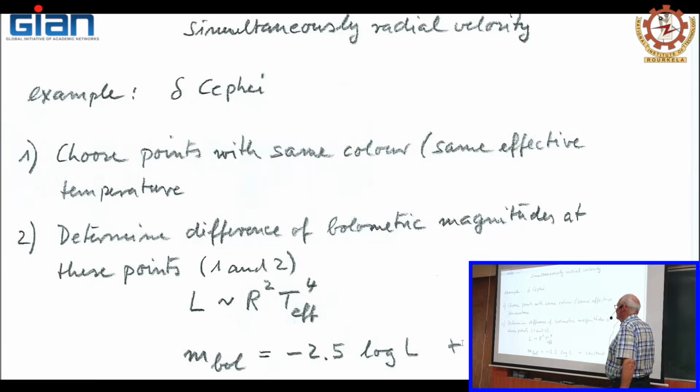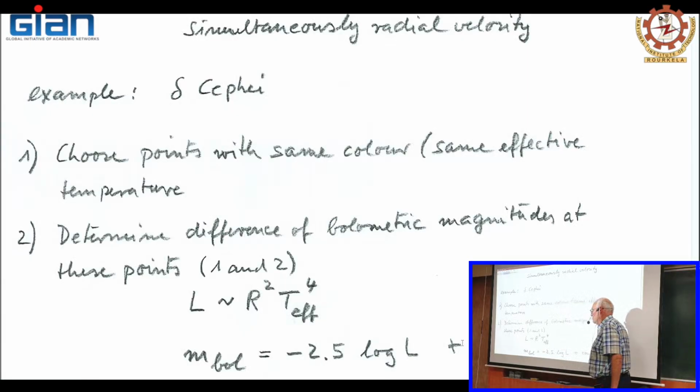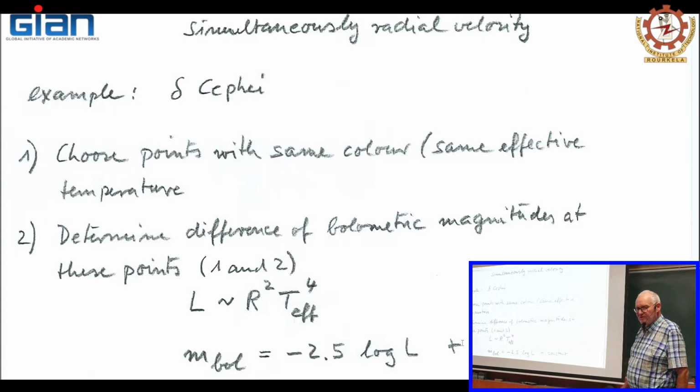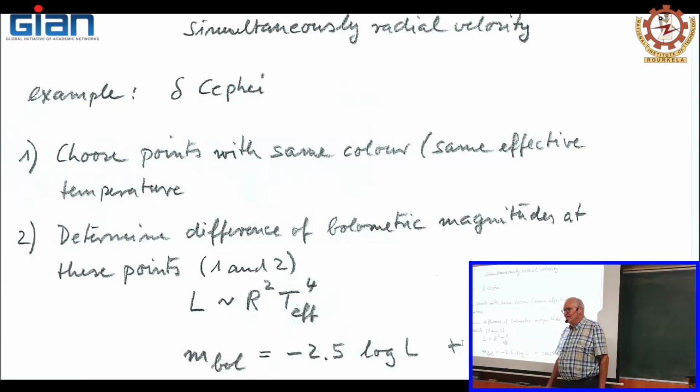Well, the Baade-Wesselink method consists of two steps. The first step is we choose 2 points along the light curves which have the same color. Same color means they have the same effective temperature.